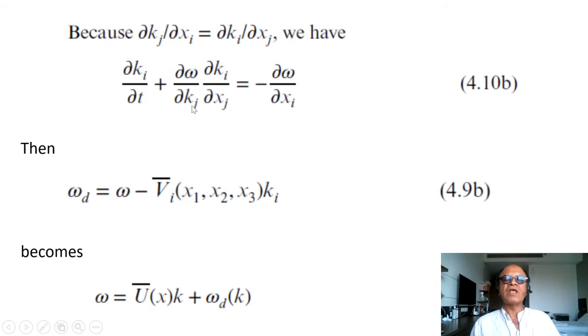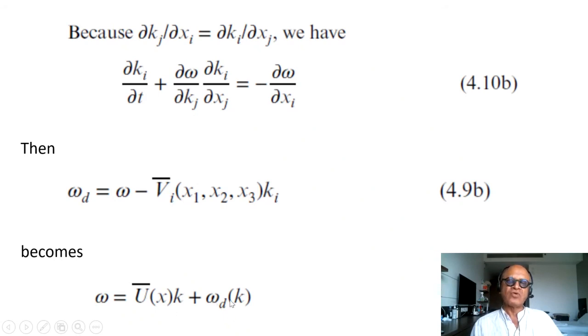So you can see how quickly things get complicated when we don't have these simple waveforms, when the background state is not quiet, steady, or not moving. Then the Doppler shifted frequency is the frequency minus this expression that we saw before, and it becomes ω equals ū_x k plus the Doppler shifted frequency.